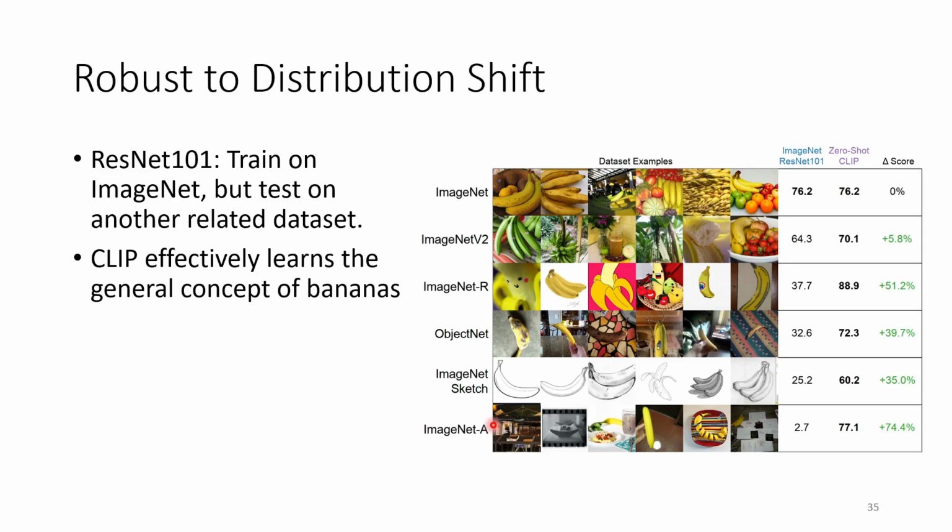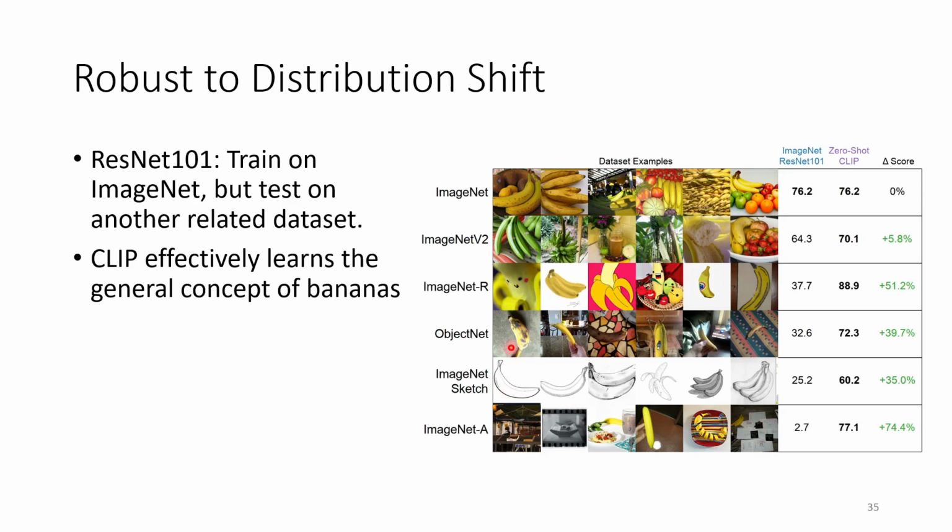There are two reasons. First, in their dataset of 400 million training image and text pairs, there are many images similar to the ones in the other datasets. Not only real-world photos, but also sketches, art, and objects.